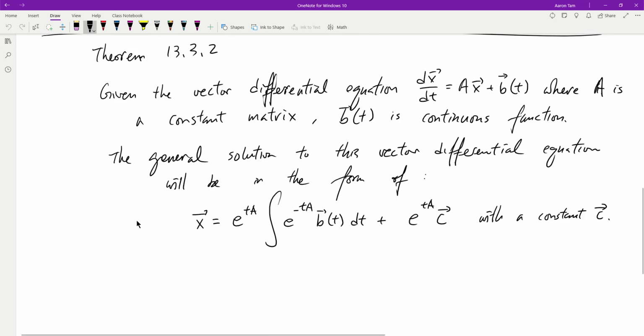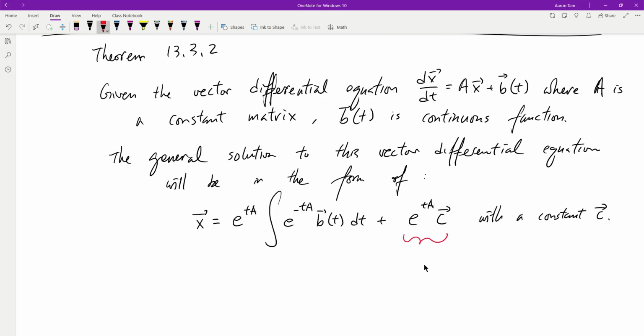So if you look at this expression right here, it might look complicated, but it's actually nothing that you haven't seen before. You know how in a non-homogeneous differential equation, the solution is a combination of two things: a homogeneous solution and a non-homogeneous particular solution. And this is exactly what we have here.